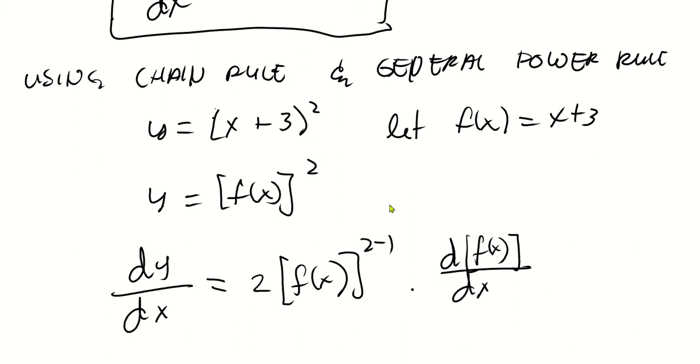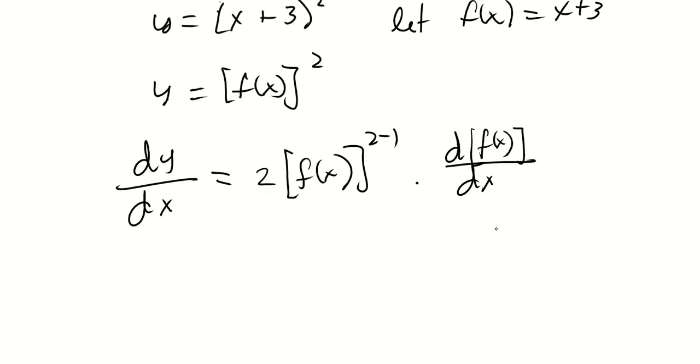And what's the derivative of f(x) with respect to x? Remember, f(x) is x + 3. So the derivative of f(x) with respect to x will be equal to the derivative of x, which is 1, plus the derivative of 3, which is 0, so it's just equal to 1.